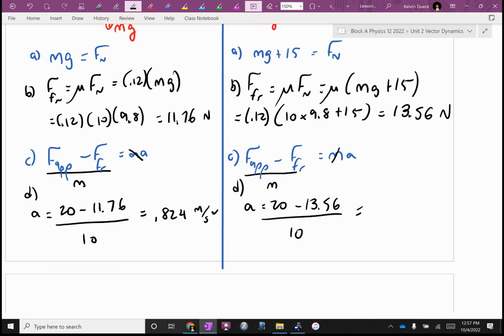Still positive acceleration, I think. So it is winning. Is it 0.644? That was dividing by 10. That one wasn't too impressive. Even you could have done that, right?